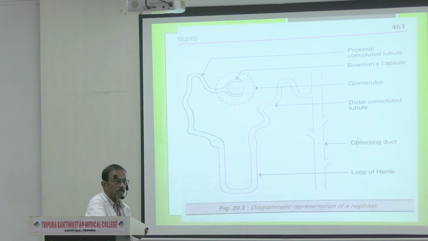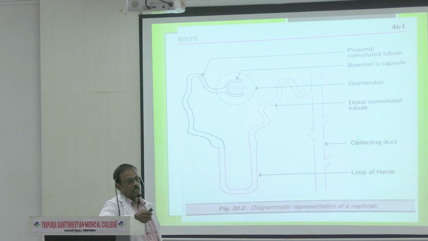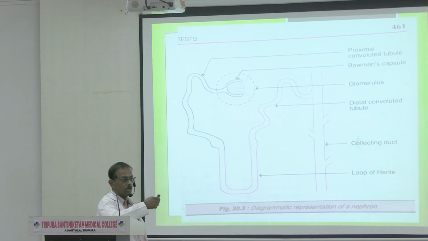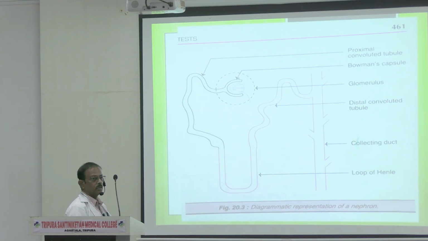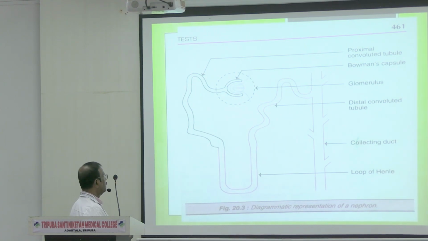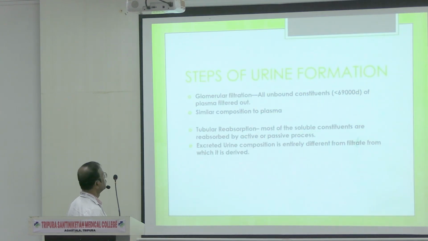Composition of urine and glomerular filtrate is quite different, as maximum of the substances required for the body are reabsorbed from the tubules.